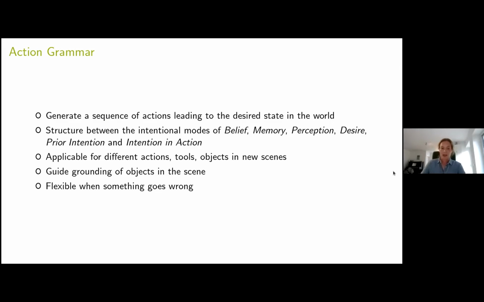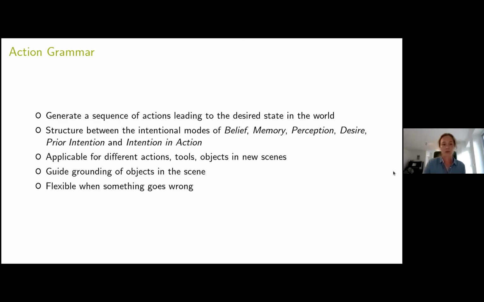And it would also be nice if there's some flexibility when something goes wrong, but only in a limited way. Imagine that the robot drops its color on its way to the canvas, then we would like it to go back and pick the color up again instead of trying to apply it now to the canvas, right?